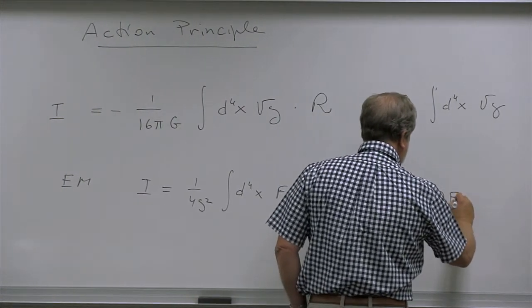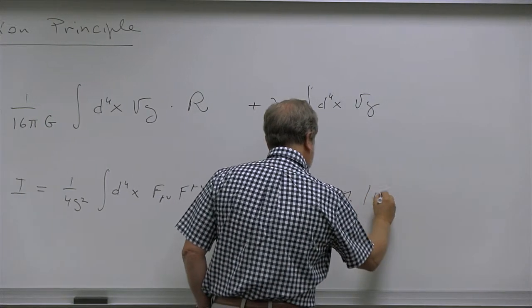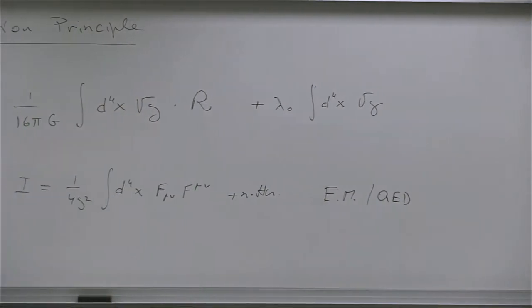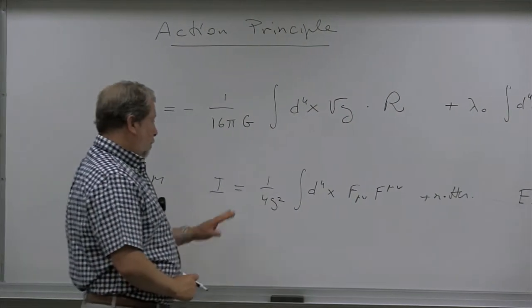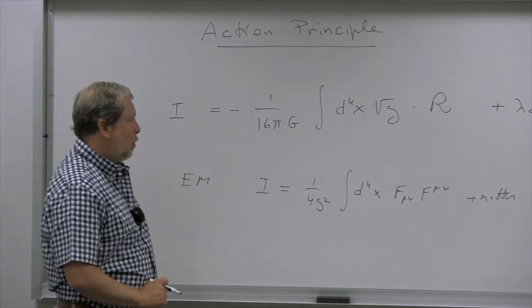And so this would be the electromagnetism or QED part. And well, there are some differences. Of course, there's still a coupling in both, right? And that is fine. It has different dimensions.